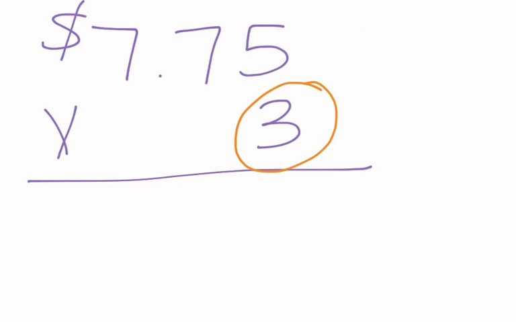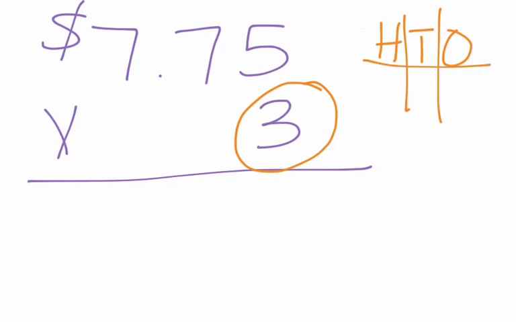And in place value, we had the HTO chart, and we made sure that we lined up all of our things so nice and neat together. So this little decimal point actually shows us that everything before it is the regular HTO chart that we have, and everything after it is a different type of place value.